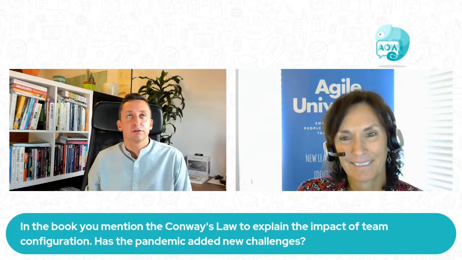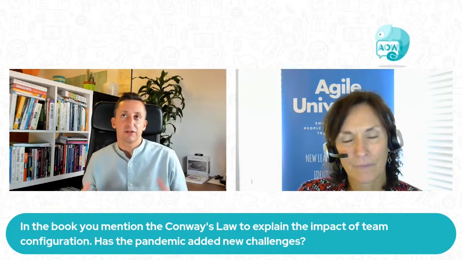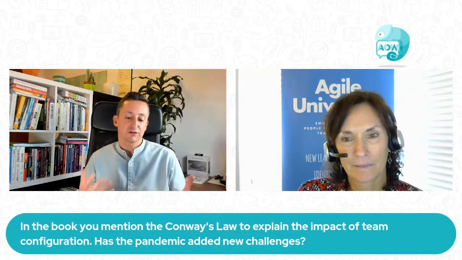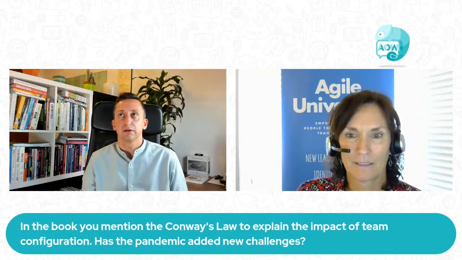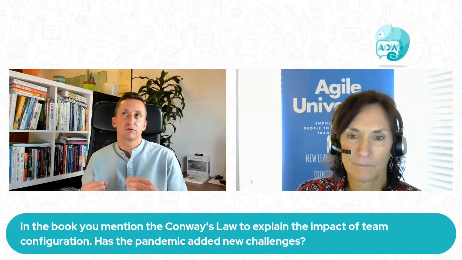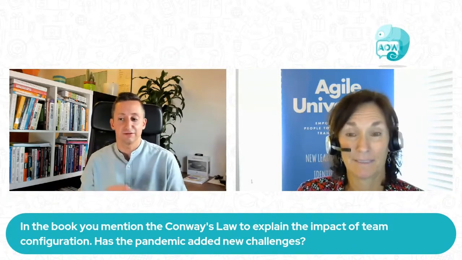Good question. So let me explain very briefly Conway's Law. Basically, what it's telling us is that we need to be aware that our systems are sociotechnical systems. In other words, we can't just think about software systems as purely technical entities.